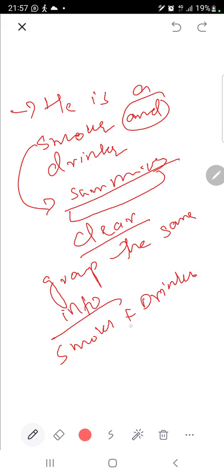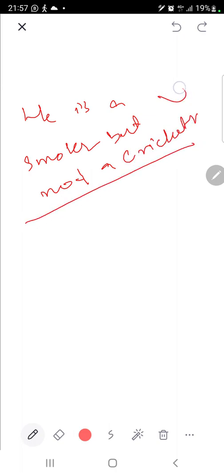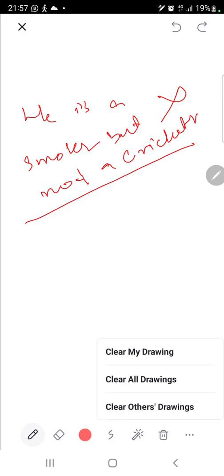Now this is the same information. We cannot say he is a smoker but not a cricketer. This is grammatically right but logically wrong, right? So these three simple sentences are the mostly and widely used sentences.